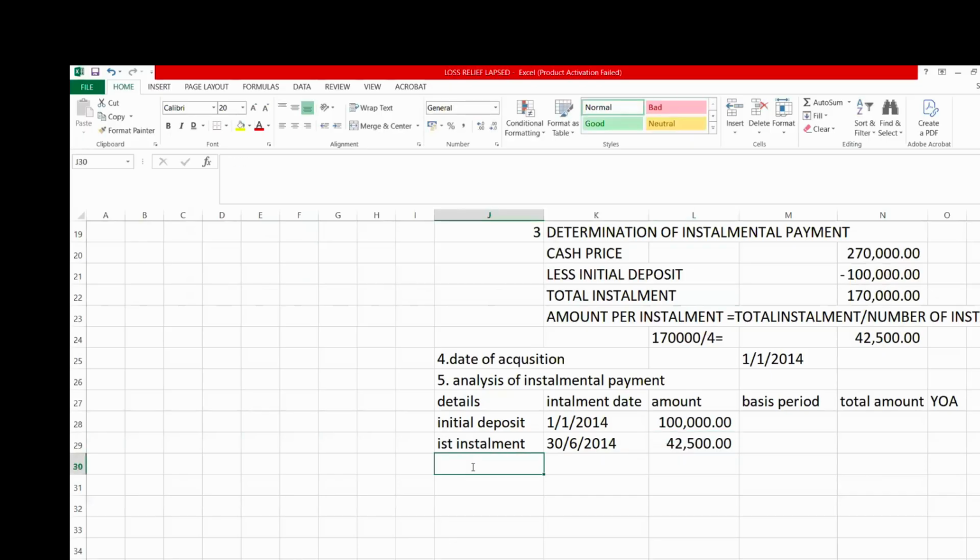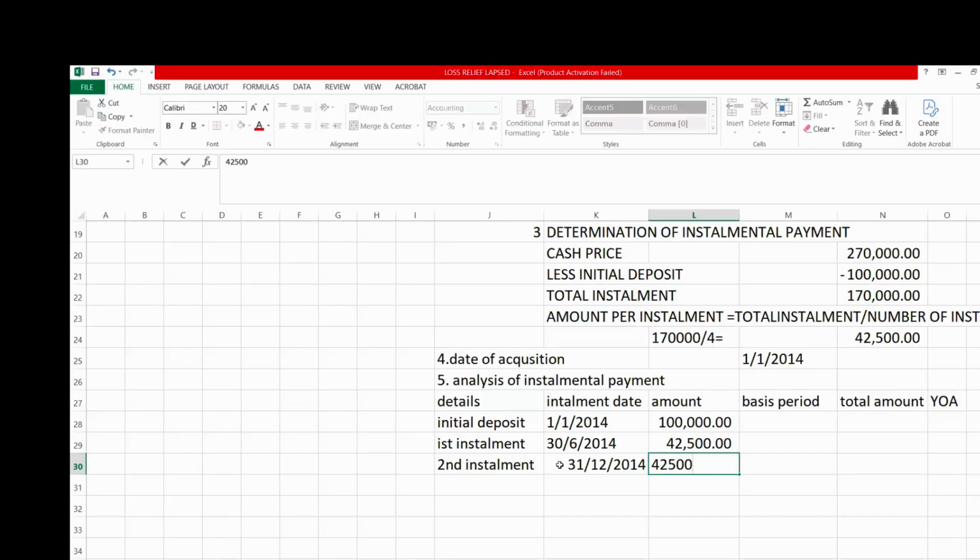After that, he is going to settle a second installment. The next 6 months after 30/6/2014 will be 31/12/2014. He is also going to pay the installment payment of 42,500.